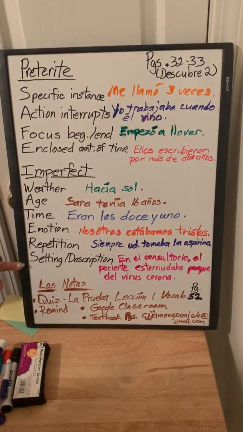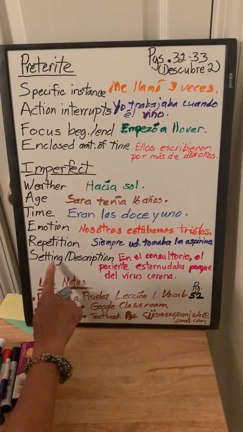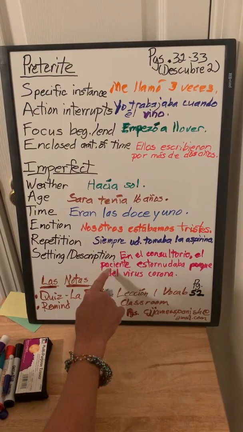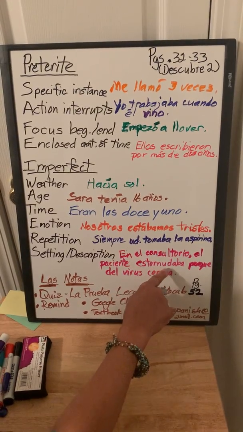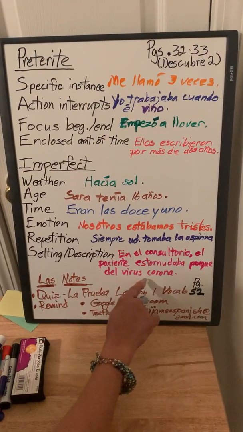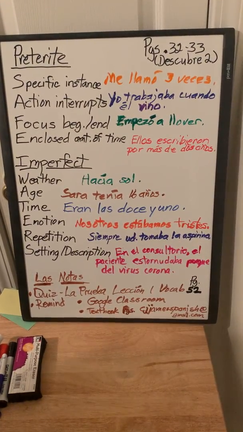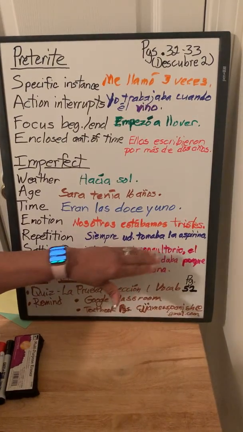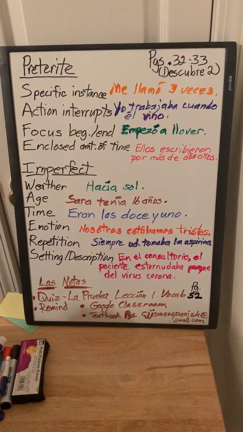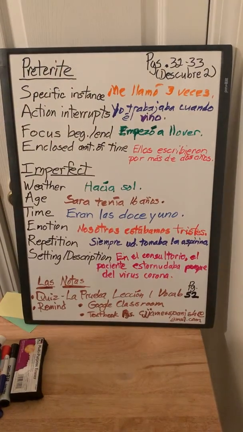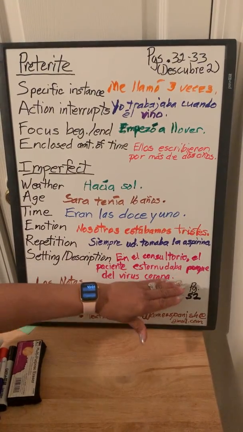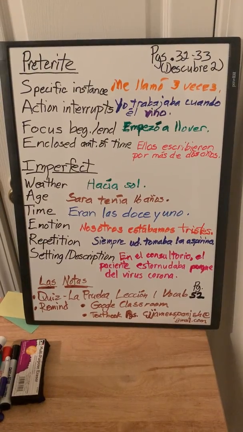The S of waters for using the imperfect tense is the setting or the description. En el consultorio, el paciente estornudaba por el virus corona. So at the doctor's office, which is the title of lesson 1 in Descubre Dos, the patient was sneezing because of the coronavirus, right?